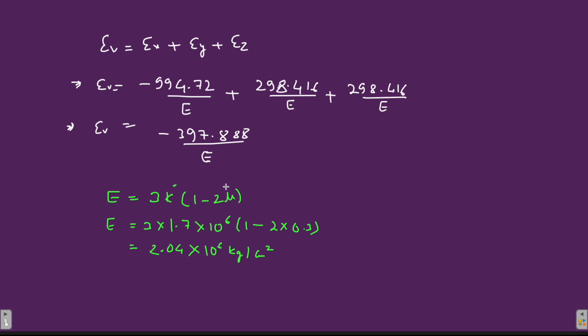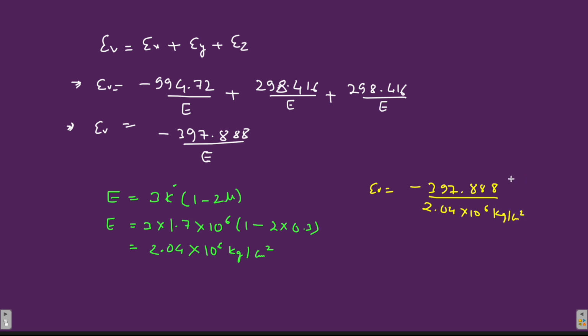So let's now find the value of volumetric strain, or EV. So final EV will be minus 397.888 by 2.04 into 10 to the power 6 kg per centimeter square.